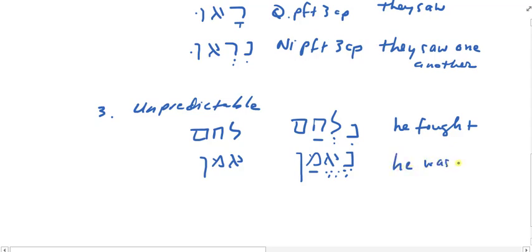He was faithful. Okay? That is to say, the Niphal meaning of aman is to be faithful. We don't see the verb aman used in the Qal. It's used in the Niphal with the meaning of being faithful. Okay? So he was faithful. All right, so you just have to learn what these verbs can mean in the Niphal, some of them.